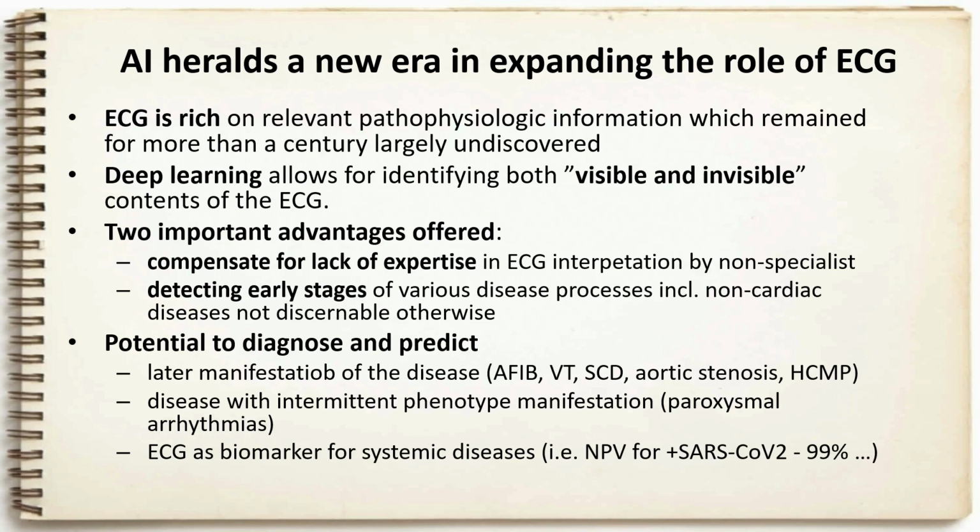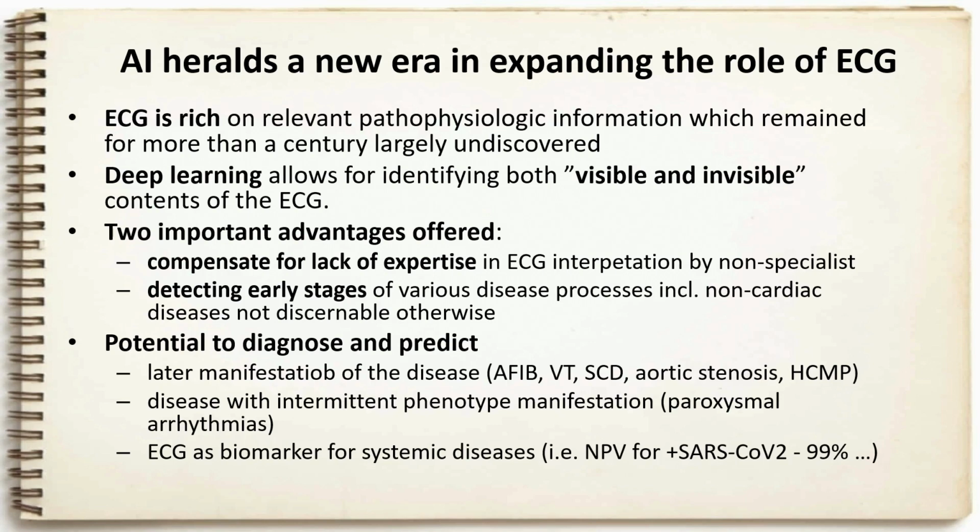One is not exactly for this forum, to compensate for lack of expertise, which is more for primary care, but also for detecting early stages of various disease processes. And I think this is what is important here. And it has a potential to diagnose and predict later manifestation of diseases with intermittent phenotypes, and use ECG as a biomarker also for cardiac, but also for non-cardiac systemic diseases.